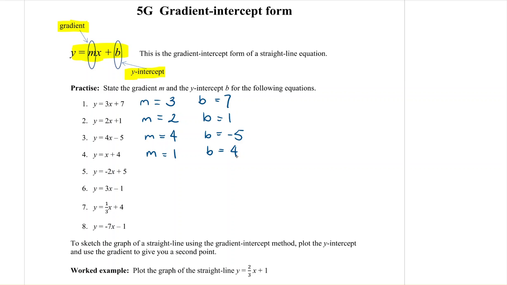All right, you get the idea? Have another try. I'll give you a minute. That's all you should need to finish off those other 4 there. What is m? What is b?